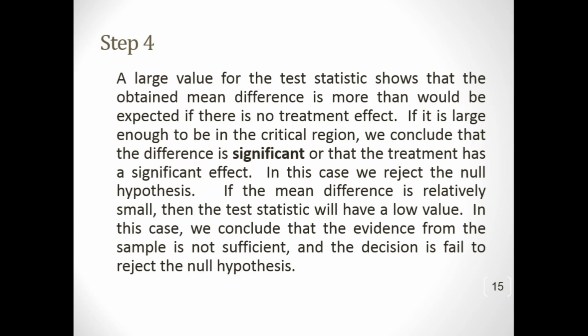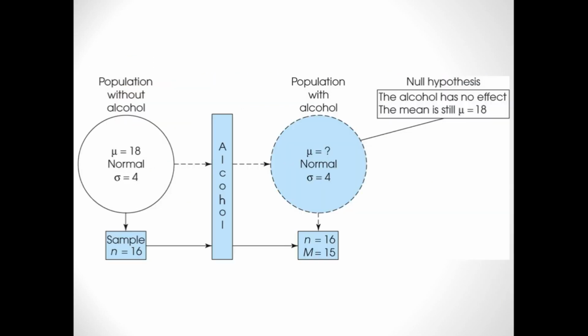So we have an illustration of the population, for example, without alcohol, which has a mean of 80, normal distribution with standard deviation 4. We have a sample of 16 persons.